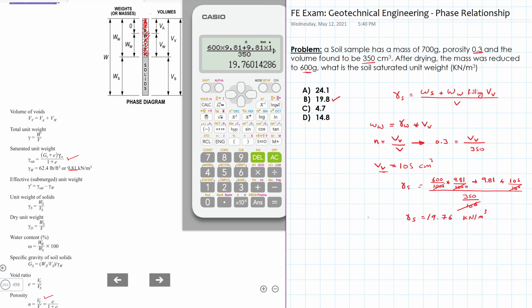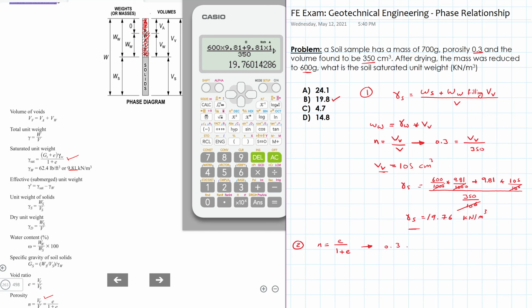Now, the second approach is using the equation provided by the reference handbook, and it depends on the void ratio and on the specific gravity. So this is the first method. For the second method, we know that the porosity equals e divided by 1 plus e.